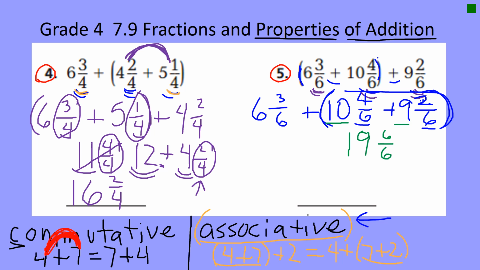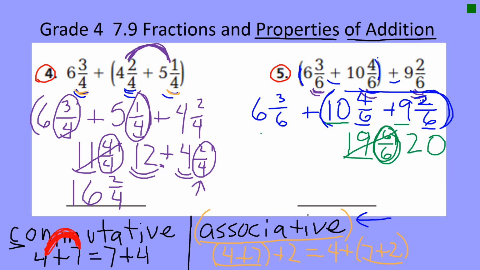Well, 19 and what is that worth? 1. 6/6 is worth 1. So we have 19 plus 1 more. What's 1 more than 19? 19, 20. So instead of writing it as 19 6/6, we write that number as 20.